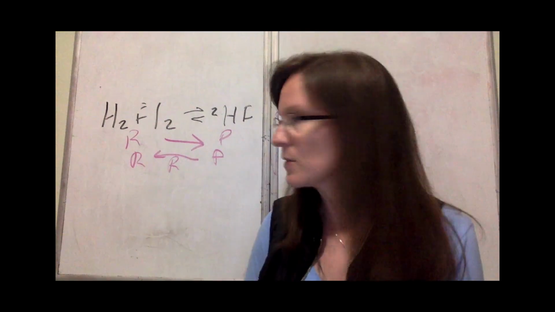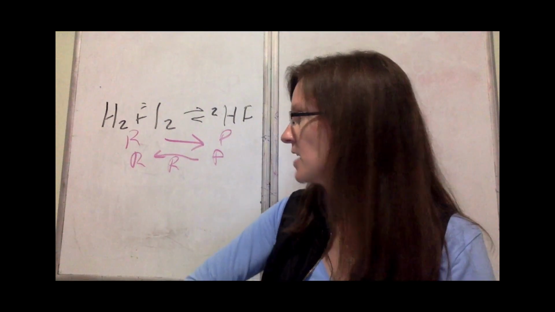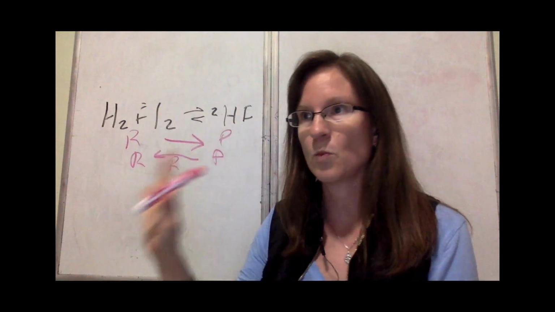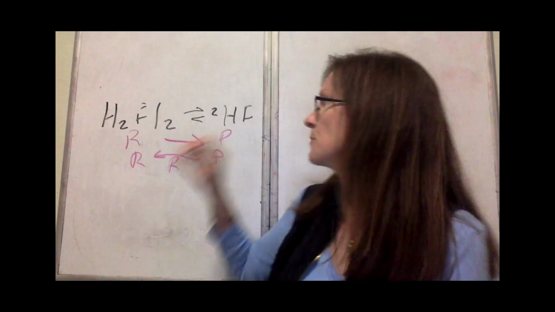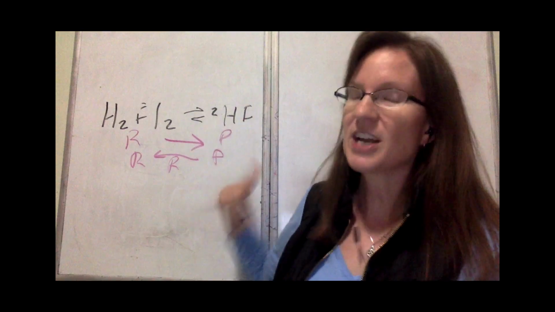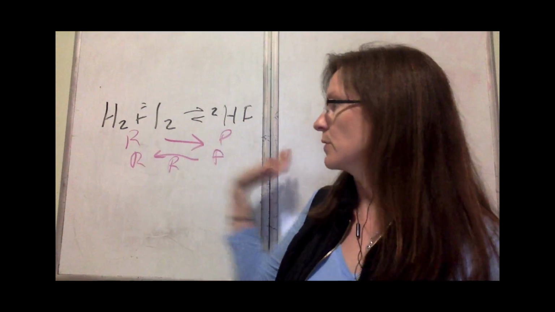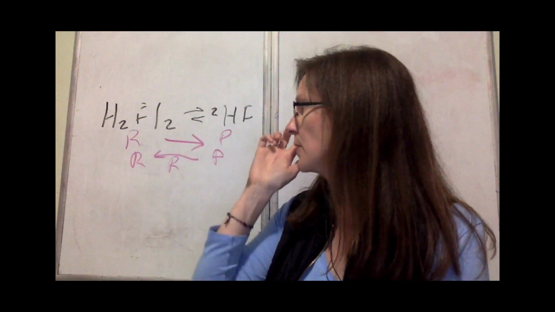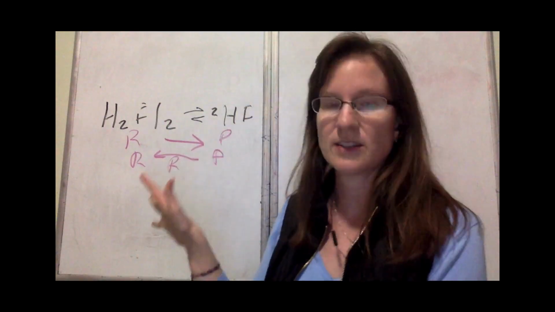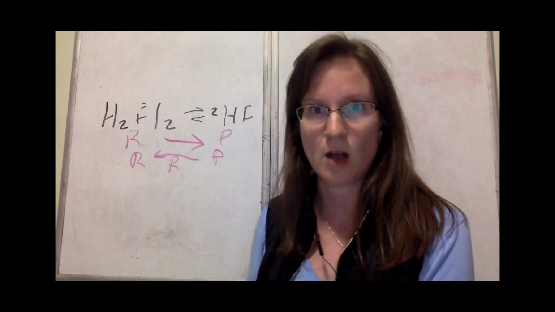So whatever's on the left are the reactants, whatever's on the right are the products, regardless of what I put in. So if I had this particular reaction and this particular K expression and put in a whole bunch of HI, HI is still the product. And essentially the reverse reaction would be favored at the beginning until the rate slowed down. That's just standard practice, otherwise the K expression is wrong.